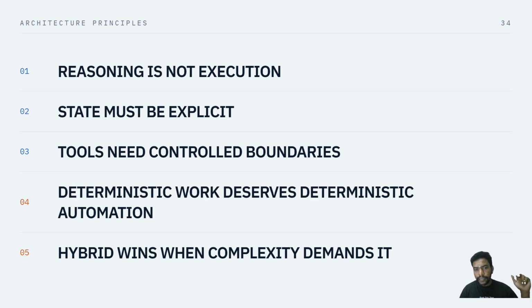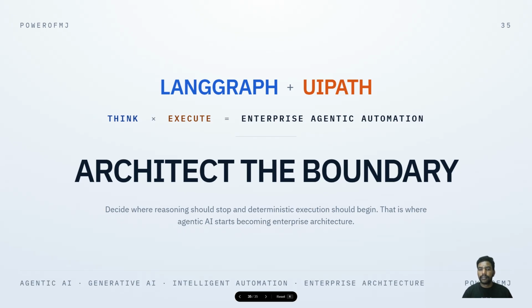Principle two is the one that changes designs in the room. The moment a team tries to print their case state and cannot, the redesign starts on its own. Five principles, and explicit state is the one that changes design the most.